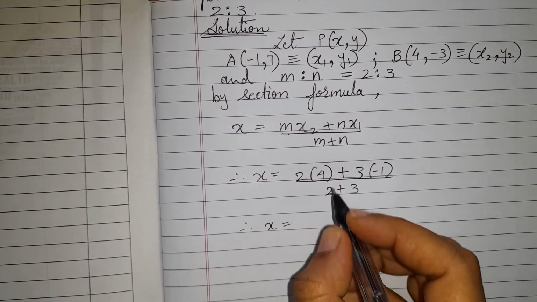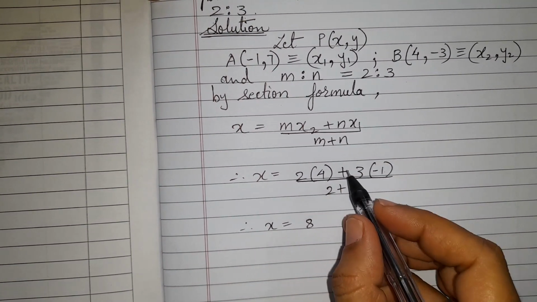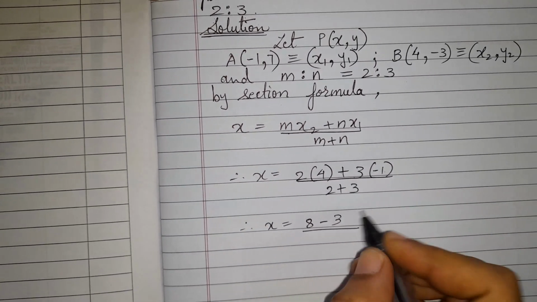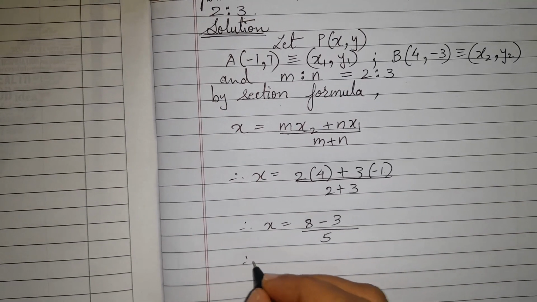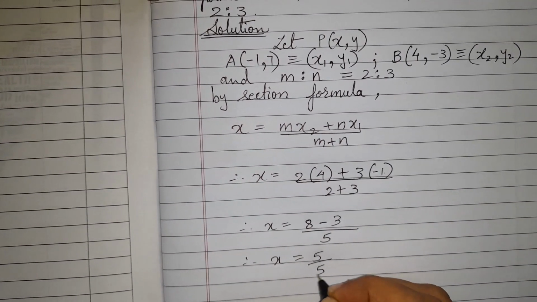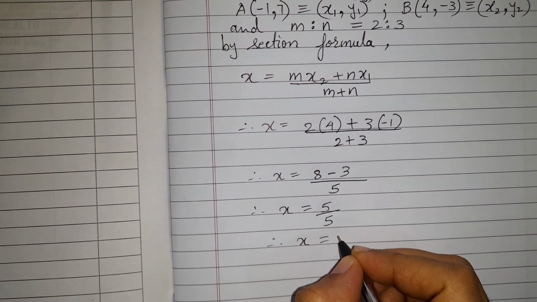Therefore, x is equal to 2 4s are 8, 3 1s is 3, plus minus 3 by 5. Therefore, x equals to 8 minus 3 is 5, 5 by 5. Therefore, x is equal to 1.